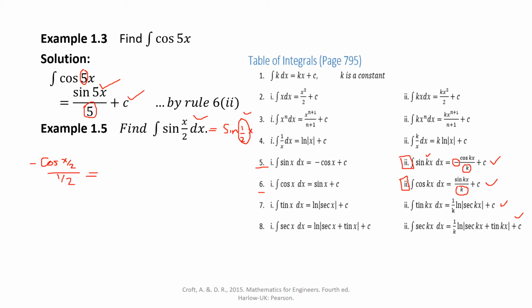And divide by this, it will become 2. Don't forget minus. So minus 2 and cosine of x by 2. Yeah, this is the angle.